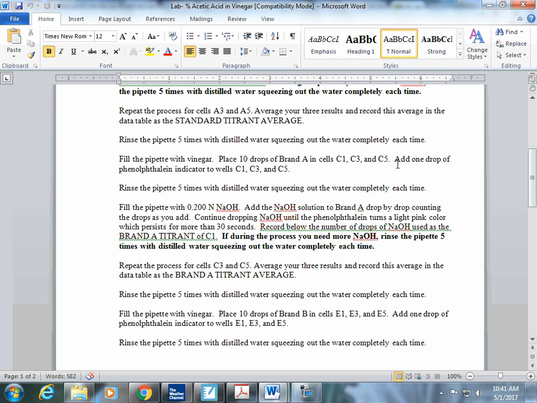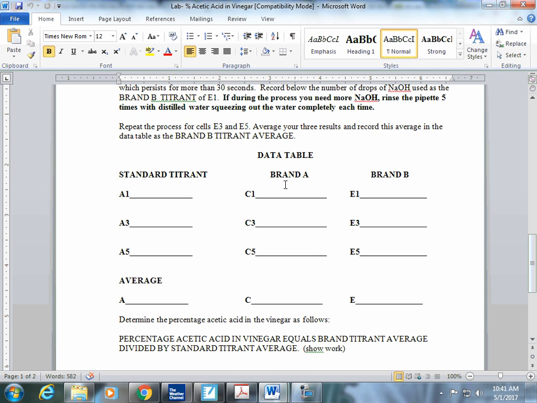And then you're going to do the same thing with the 0.200 normal sodium hydroxide. Once the color has persisted at that light pink for 30 seconds or more, you're going to record that into C1, then C3, then C5, then you'll get your average for brand A.